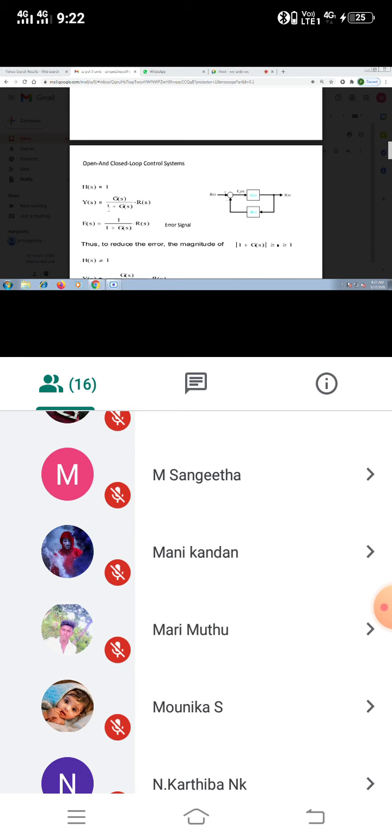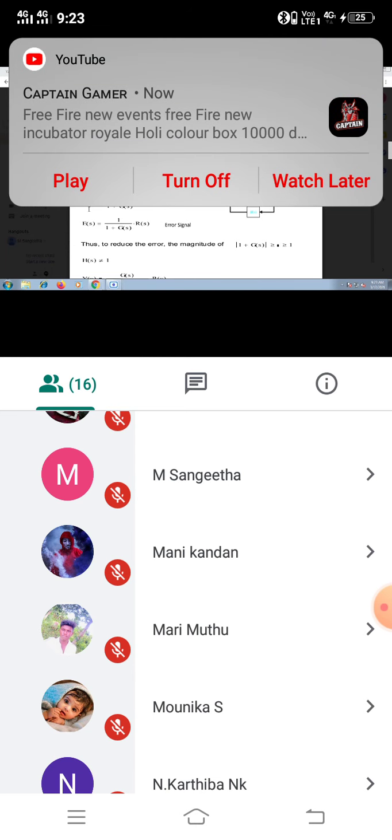Finally, we can get the error signal from this equation. The error signal formula is output by system. Kindly watch my cursor moving on the PPT.